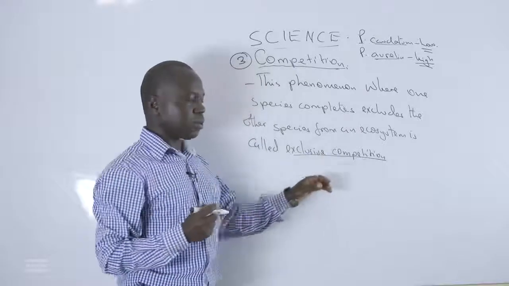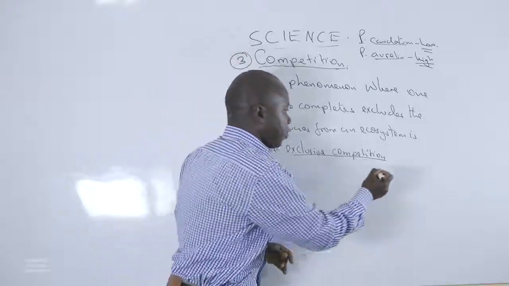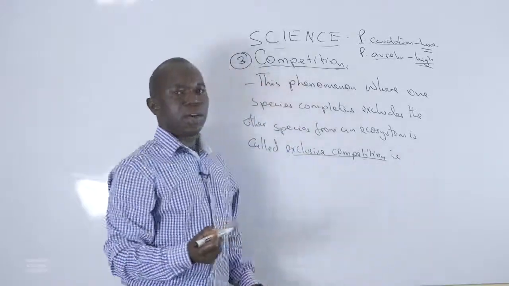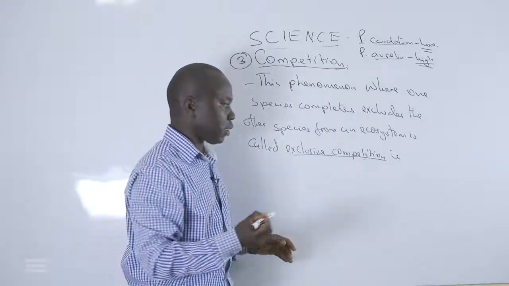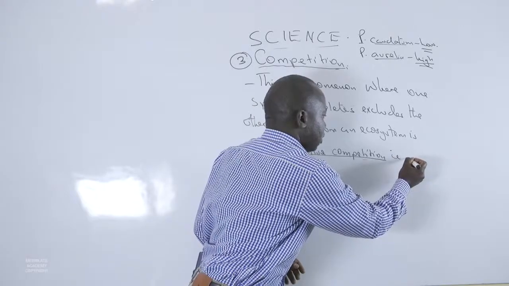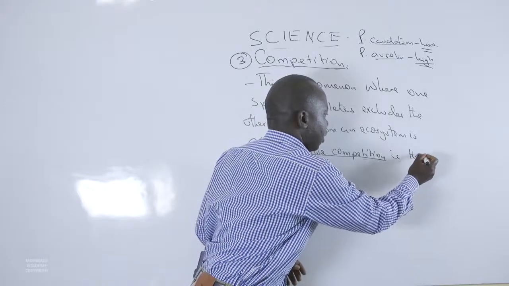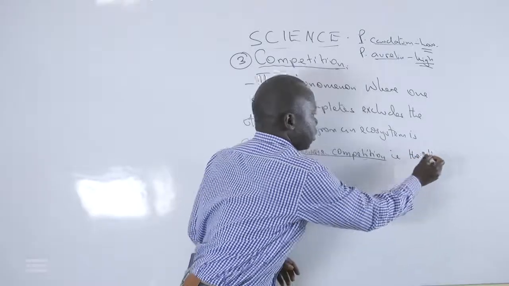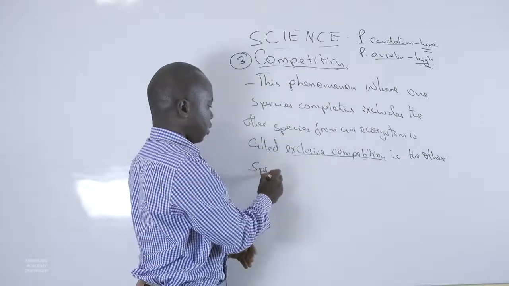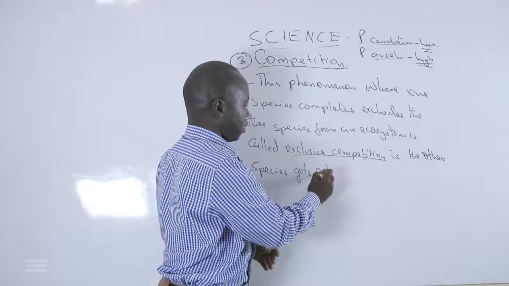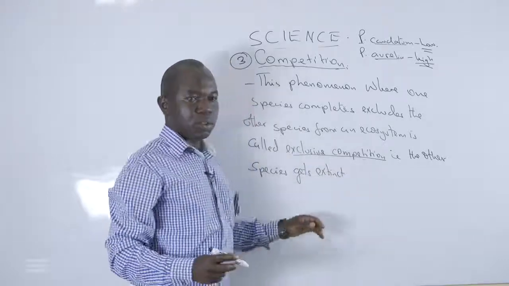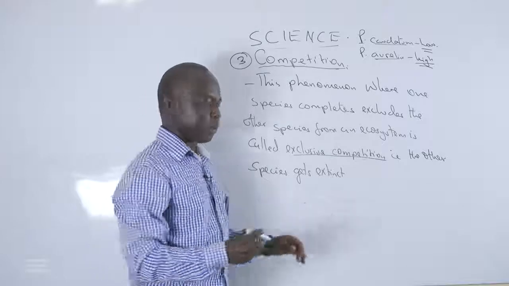So we are saying it's exclusive competition because the other species is going to get extinct. The other species gets extinct due to, or as a result of, competition.